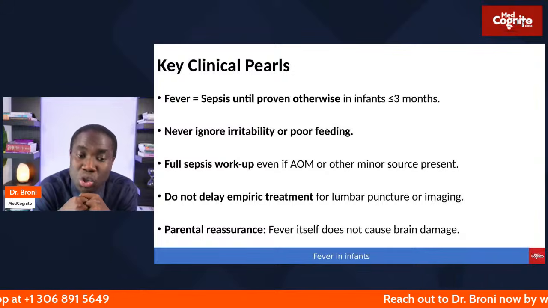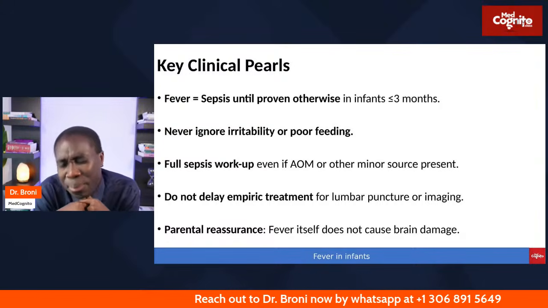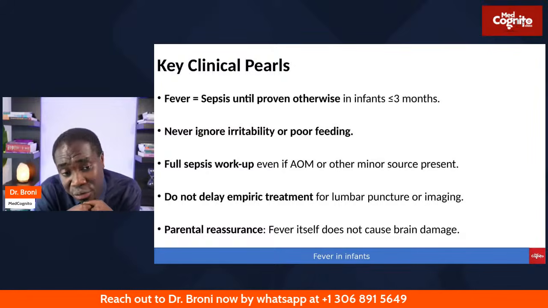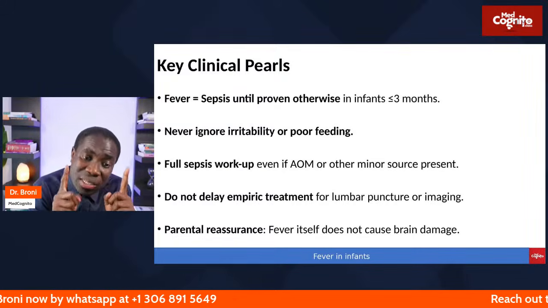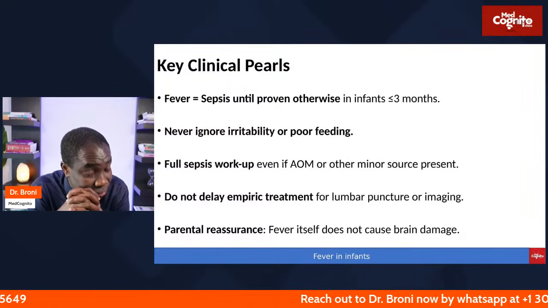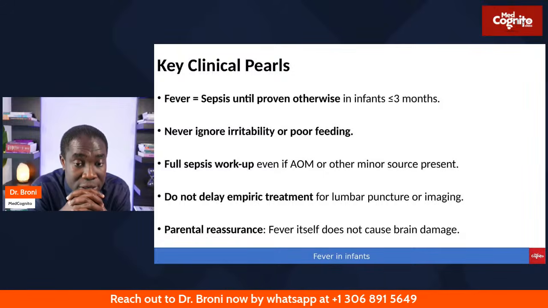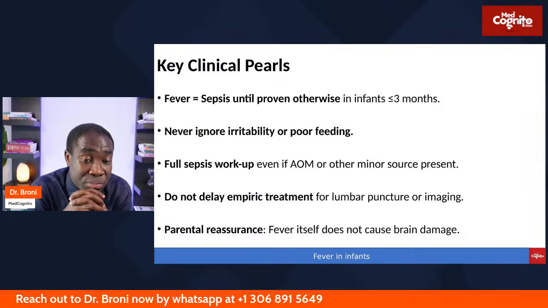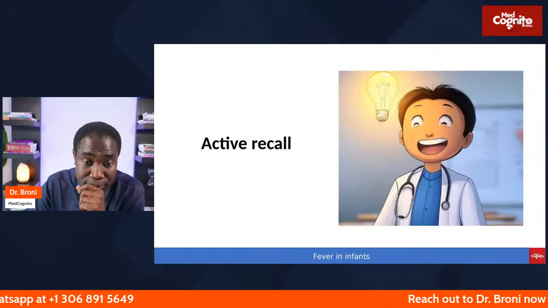Number 4, do not delay empiric treatment: cefotaxime plus ampicillin, plus acyclovir if I'm suspecting HSV. Please remember these. Do not delay empiric treatment for lumbar puncture or imaging. And number 5, fever itself does not cause brain damage. So you need to learn how to reassure the parents.